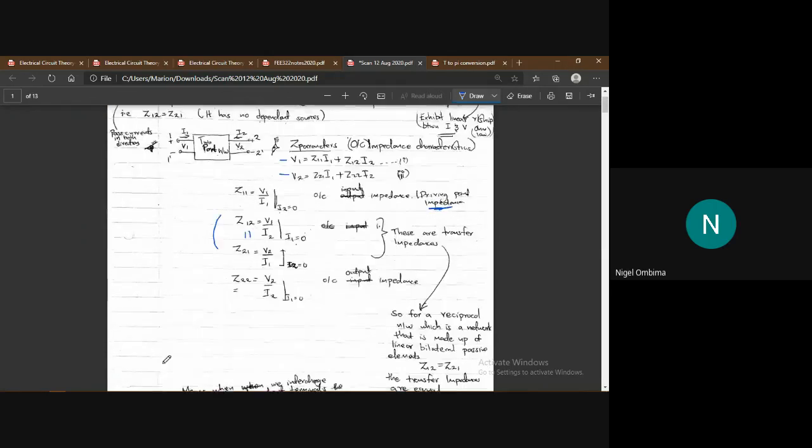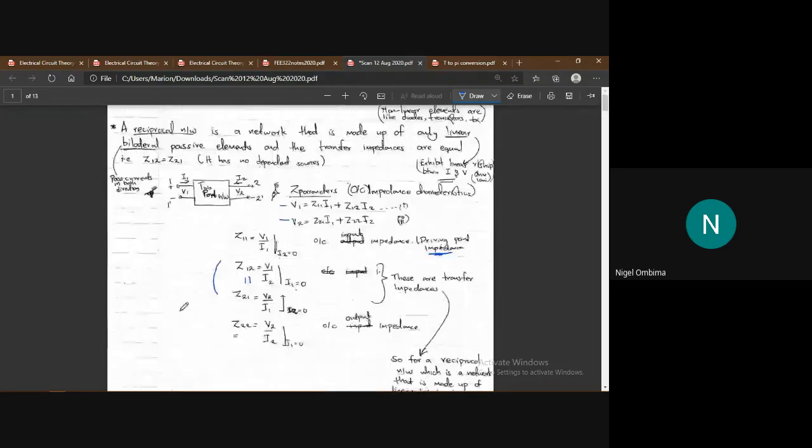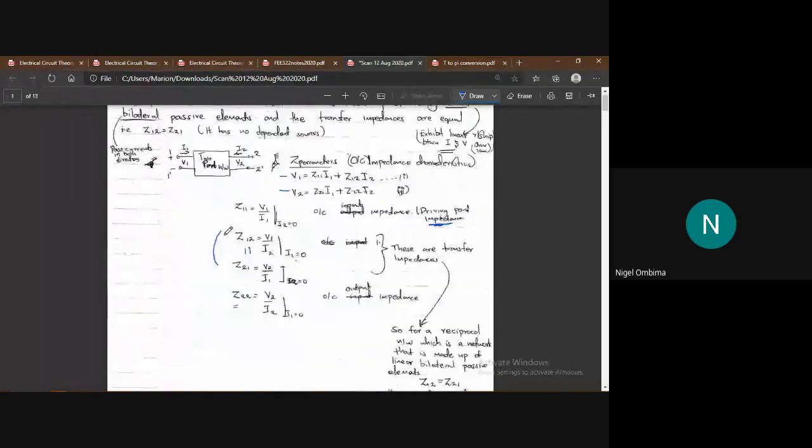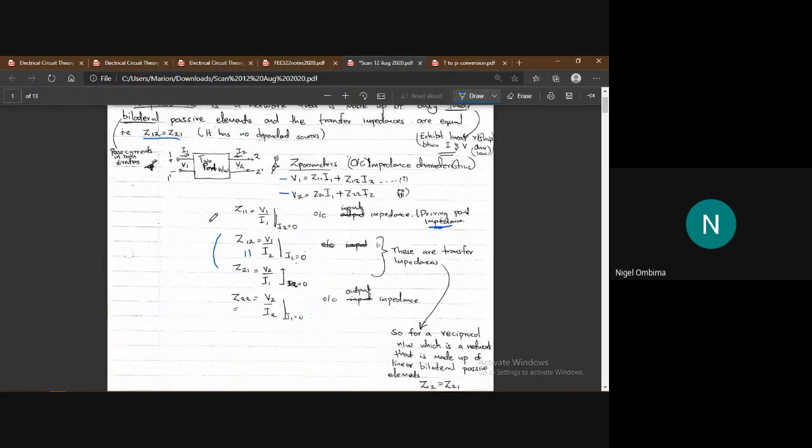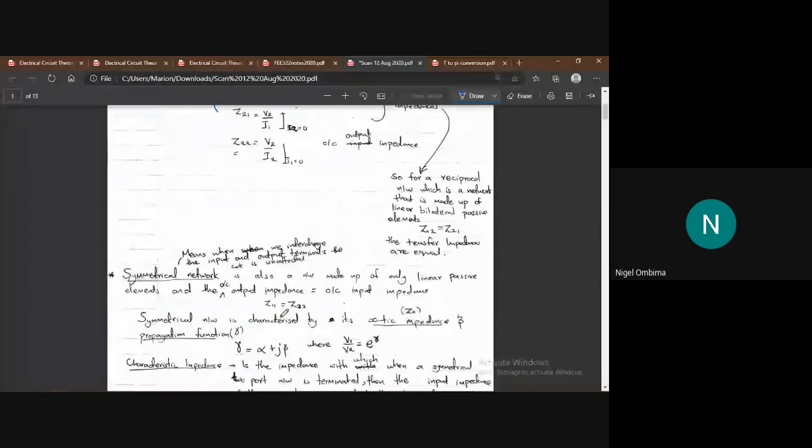So the difference between the symmetrical network and the reciprocal network: in a reciprocal network, Z12 is equal to Z21, the transfer impedances are equal. That's the major difference. In a symmetrical network, Z11 is equal to Z22, the open circuit output impedance is equal to the open circuit input impedance.